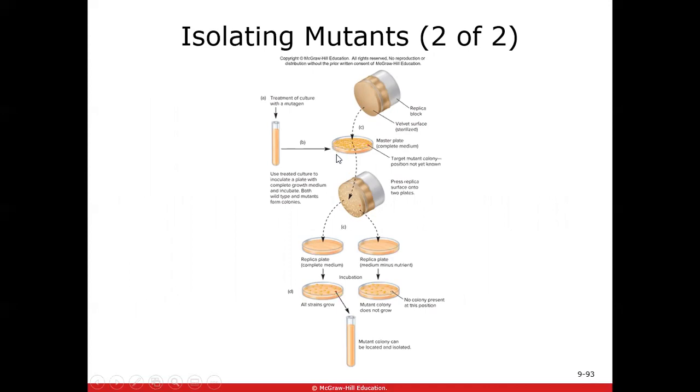They have the culture and the two plates, one incomplete and one that has everything they need to grow, and they just see which one grows. All strains grow on the complete medium; the mutant colony does not grow on the one with a missing portion. And then they reculture from those colonies.